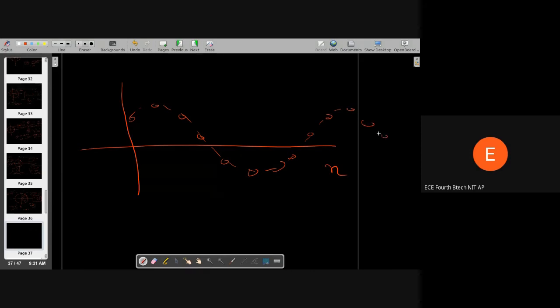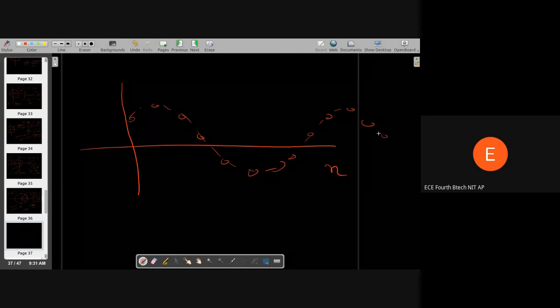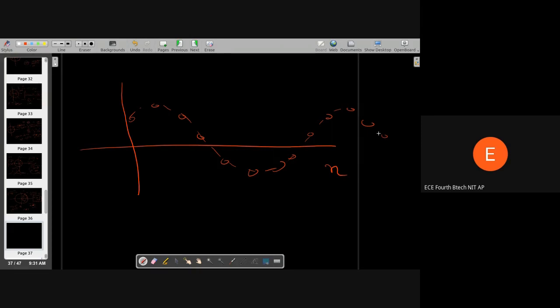And you must have heard in your basic physics courses what resonance means. You have a quartz crystal or something, it has a particular resonant frequency.